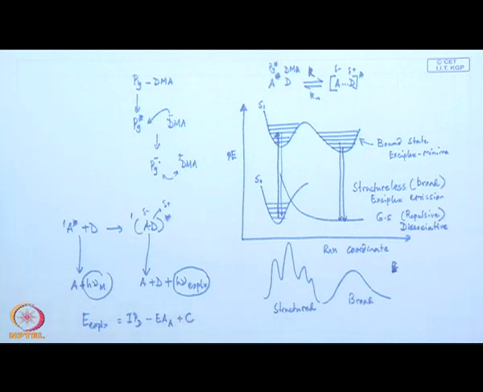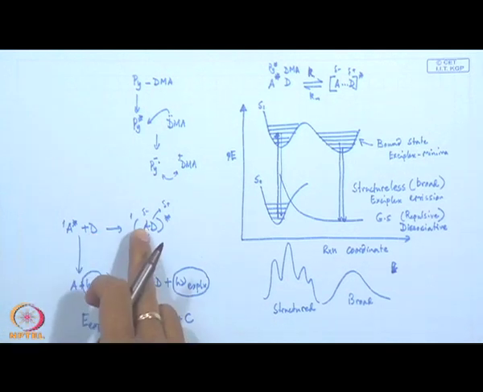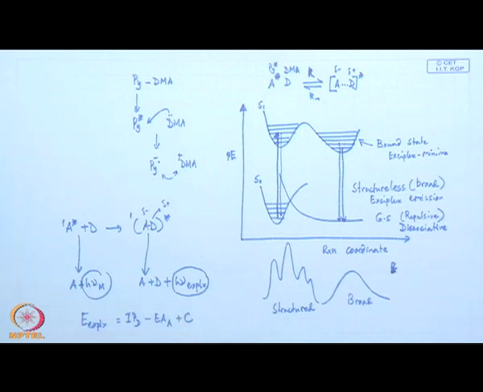The Coulombic term brings the ions together because of the Coulombic interaction between them. Once 1A star plus D interact, that is, charge transfer interaction takes place, it gets a definitive charge transfer character, and thereby there is a Coulombic attraction.